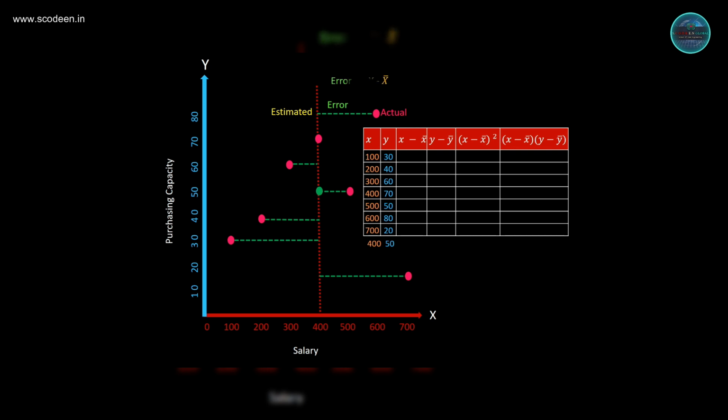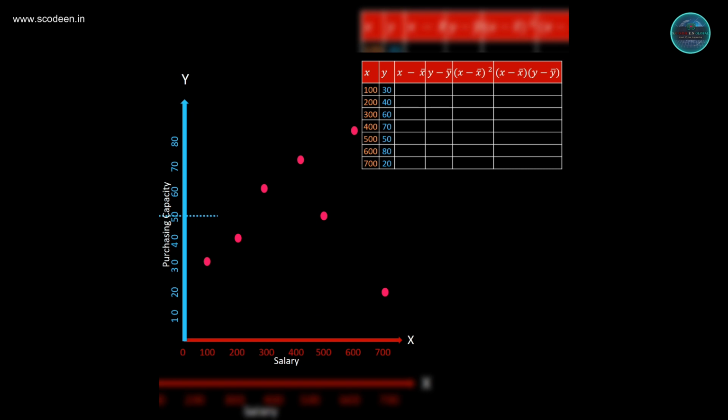So error is equal to x minus x bar. Similarly, in the y-axis, the same case: error is equal to y minus y bar. Y is the actual value in the y-axis and y bar is known as the estimated value in the y-axis.